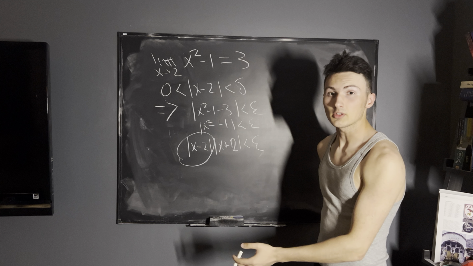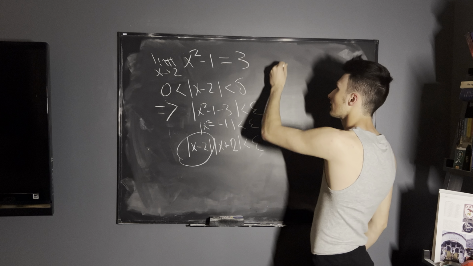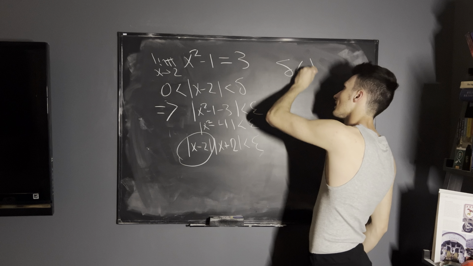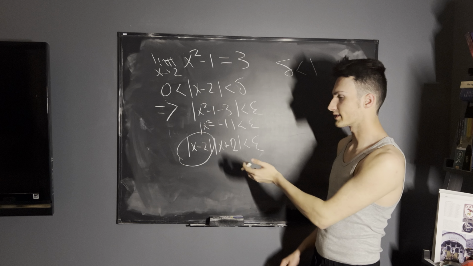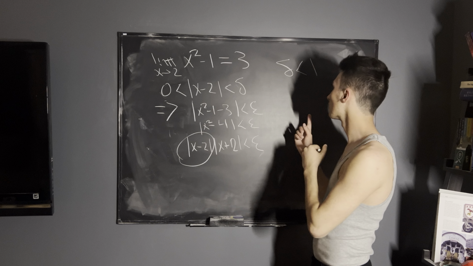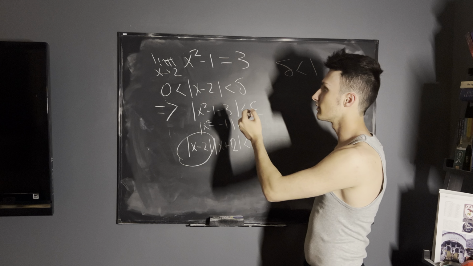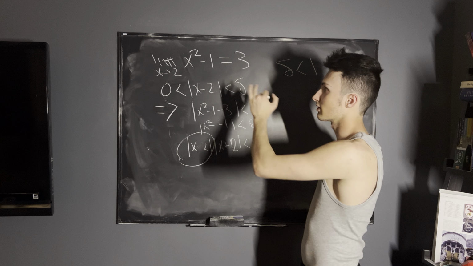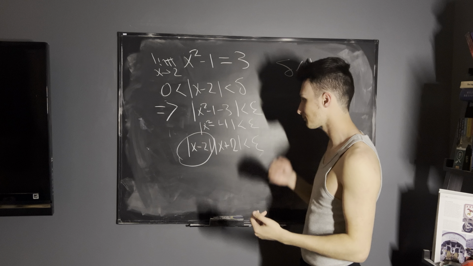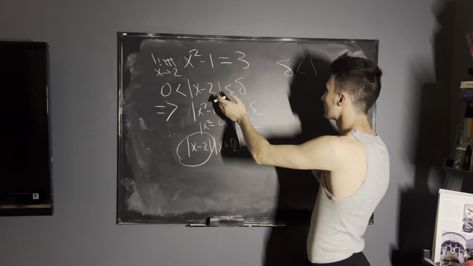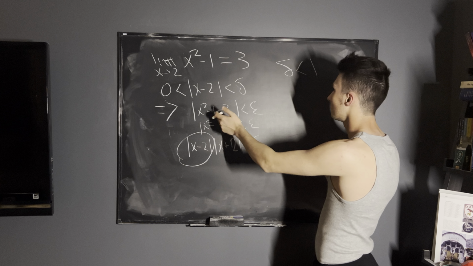In Stephen Abbott's book, he says, okay, let's say delta is going to be less than or equal to 1. So suppose delta is equal to 1. Then x is at most 3, and x squared minus 1 is 9 minus 1, which is 8.